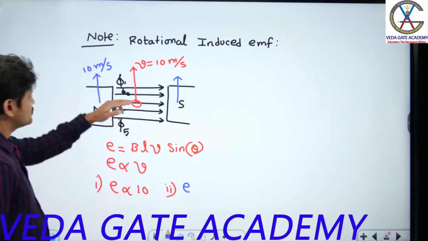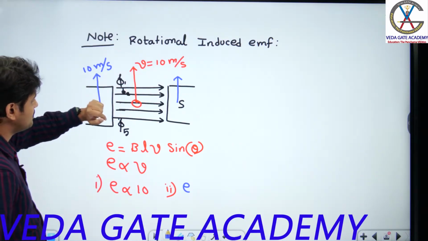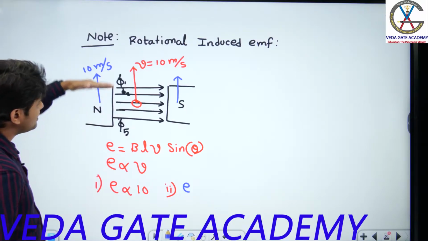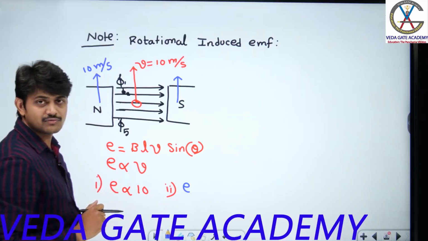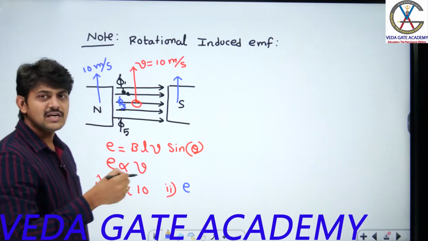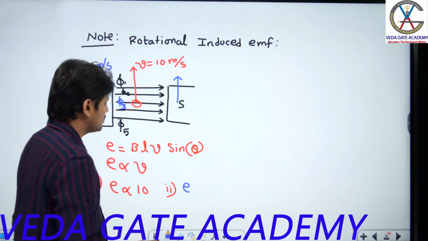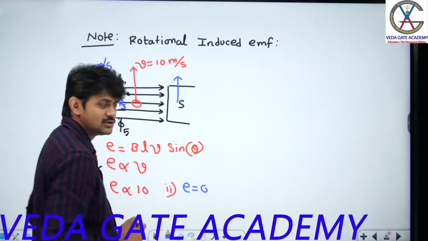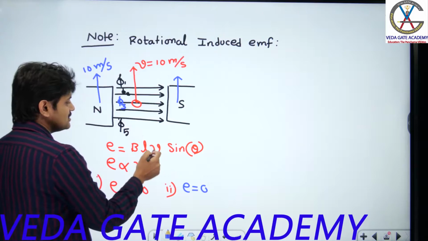Because the conductor always links with the same flux line, phi 3. So is there any change in flux linkages because of this case 2 configuration? No. So the EMF induced in this case is 0. But here I am saying that there is a magnetic field and the conductor is moving.